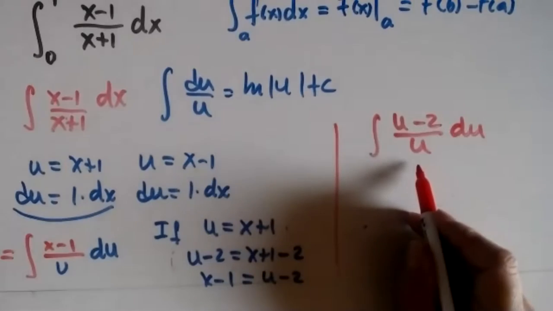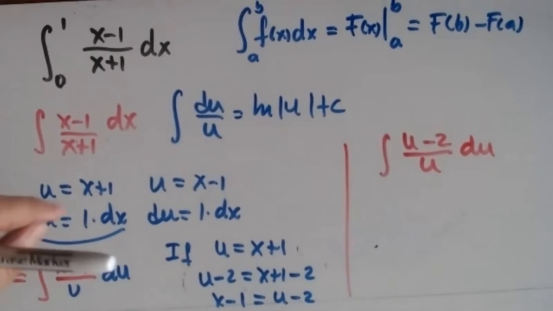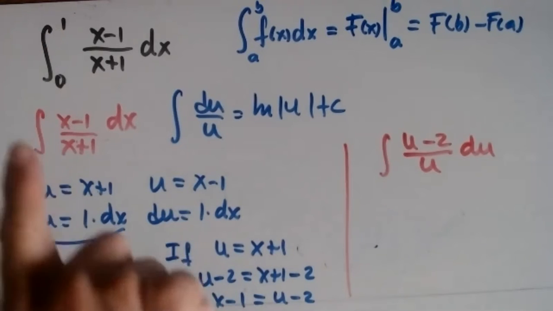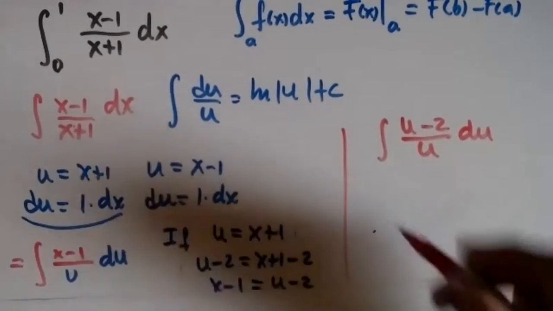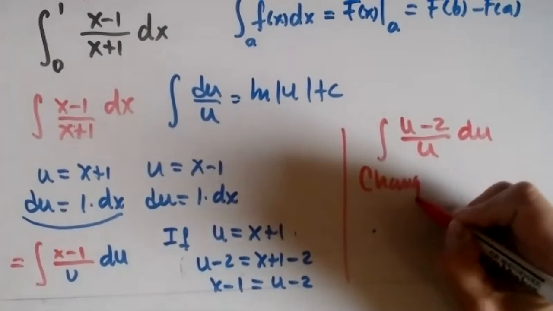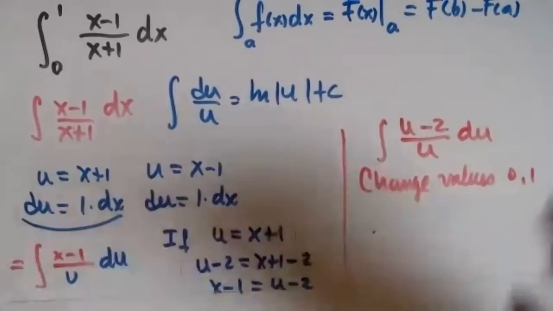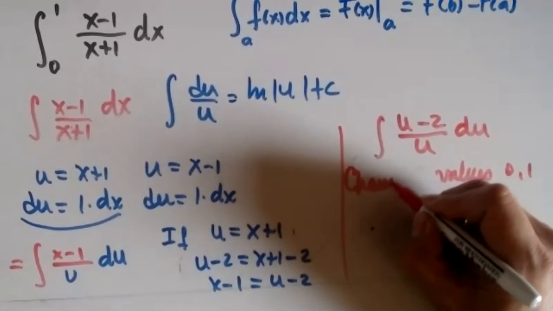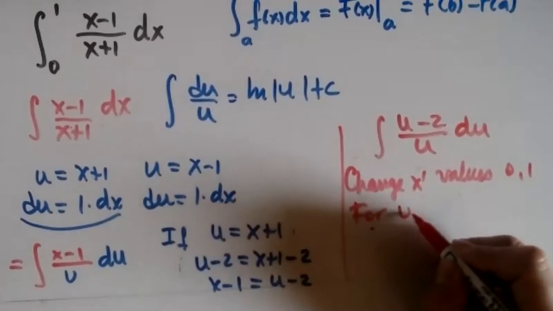Now, this integral is equivalent to this one, but I have something to do. The original integral has 0 and 1. So these are values for x, and this is a u. So what I have to do is change the x values 0 and 1 for u values.